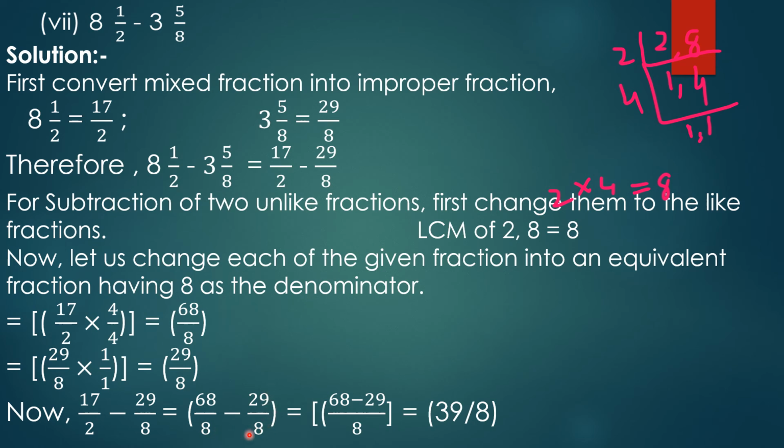Now the denominators are the same, therefore the denominator remains as it is. This will become 68 minus 29. So what is 68 minus 29? It is 39. So the answer is 39 divided by 8.